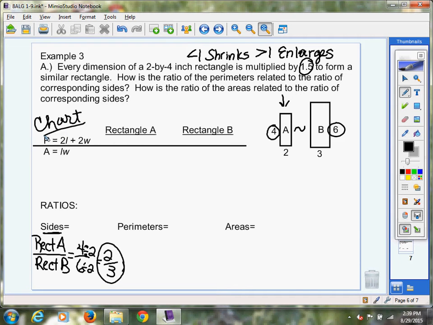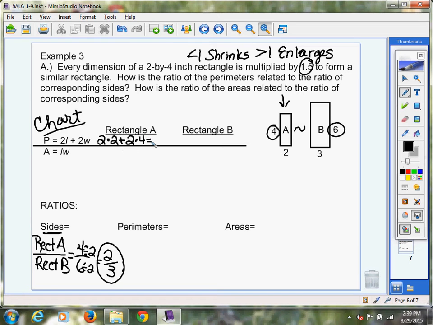We want to first find the perimeter of rectangle A. And just like I told you, this is 2L plus 2W. I did an italicized L. It looks like a 1 that's slanted slightly to the right. It's not a 1, it's an italicized L. That means length. W is width. So we've got 2 times 2 plus 2 times 4, okay?